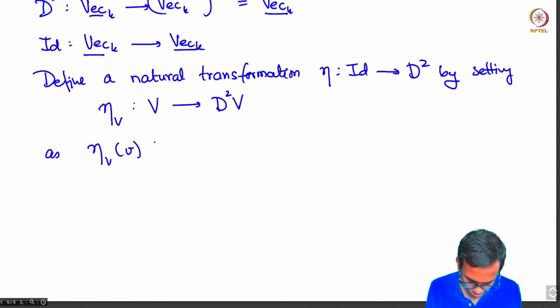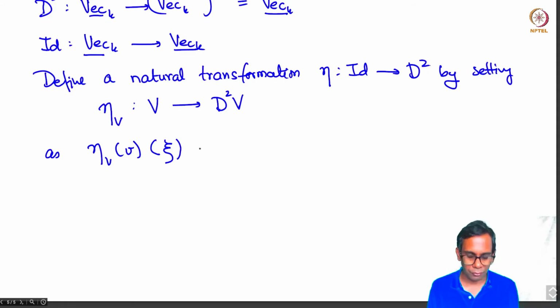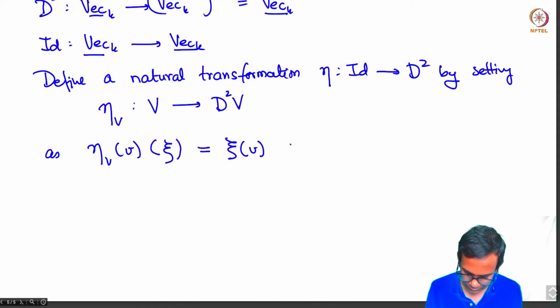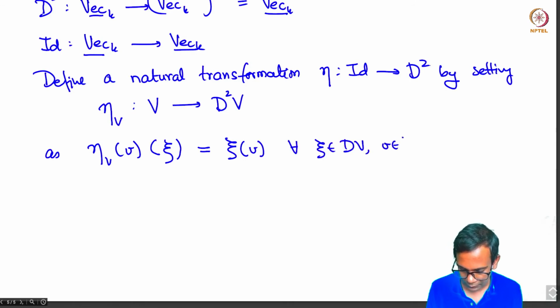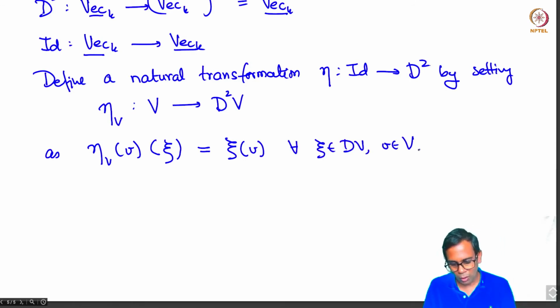So suppose z is in dV, then it should give me an element of the field K, and this can be just defined to be z, which is a linear functional on V, evaluated at V. So this is for every z in dV and V in V. Okay, so this is a very nice formula, it doesn't really involve what V is and what z is and so on.